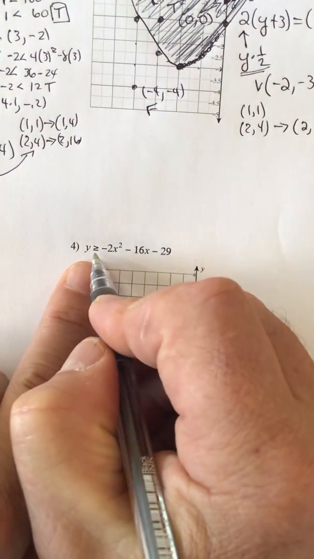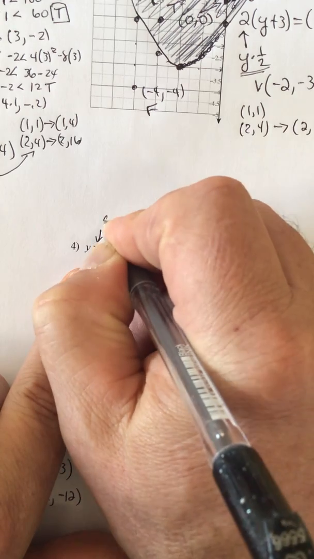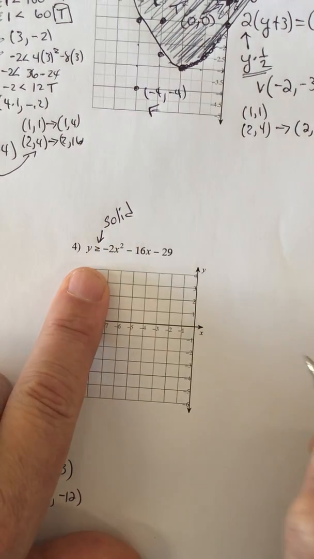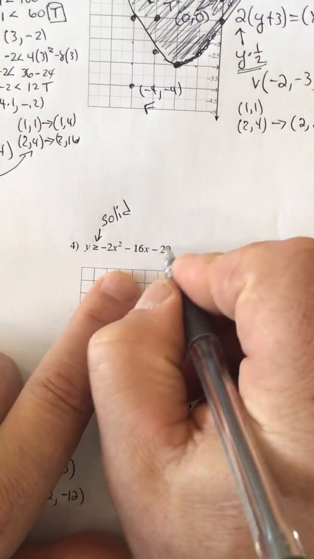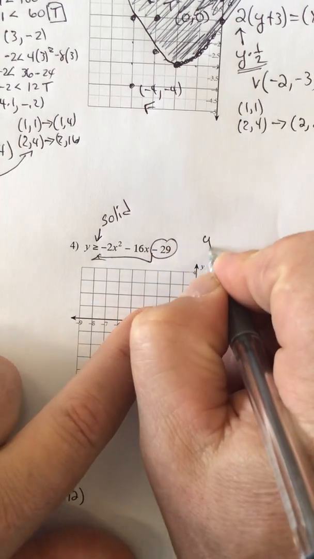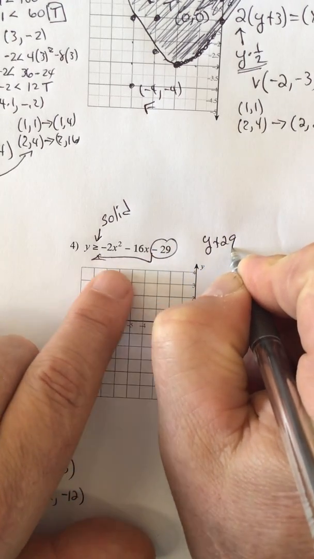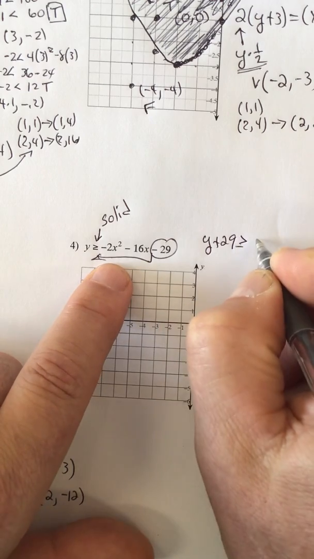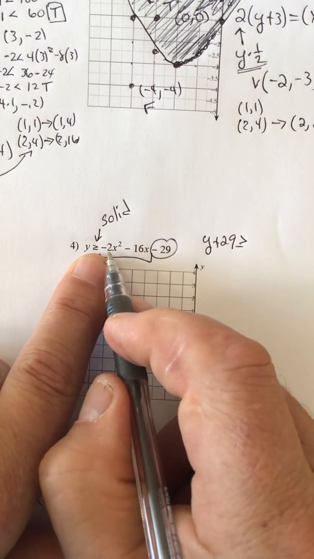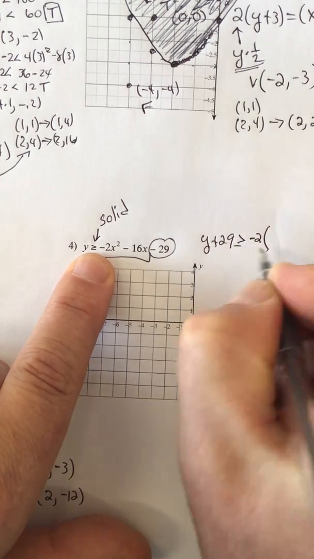Okay, same thing. This will now be a solid line. We want the border to count. Okay, I'll move the 29 to the other side. So y plus 29 is greater than or equal to. So now I'm going to factor out the -2. So I'm going to divide by -2.